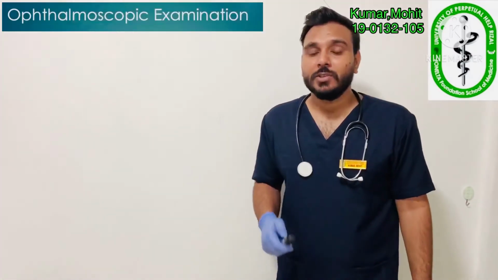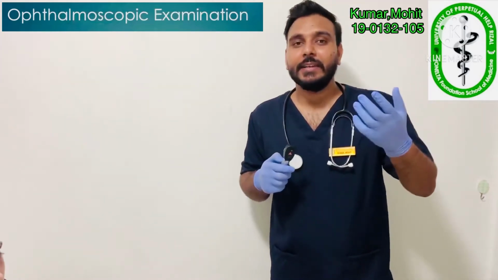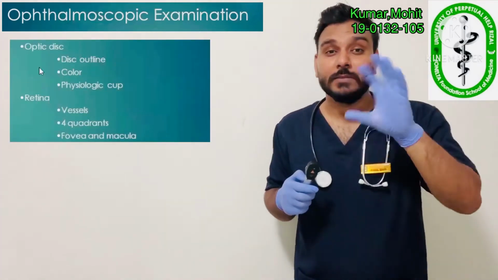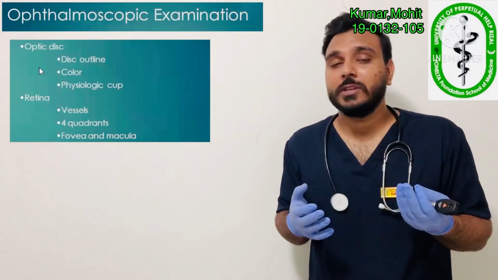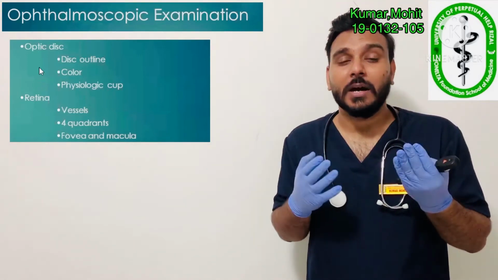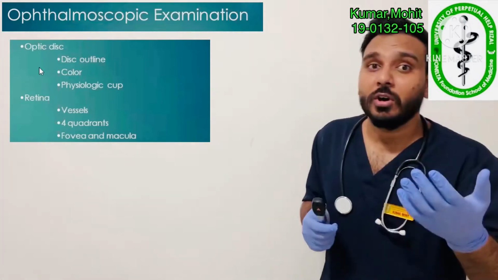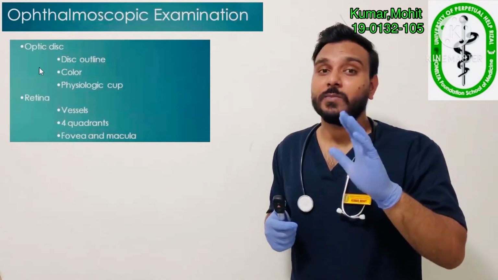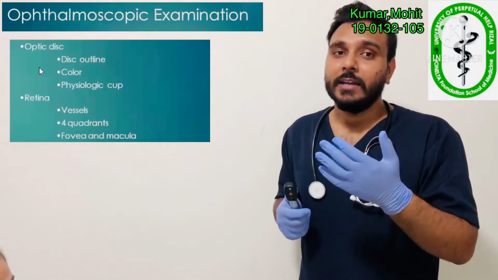Now the last test is the ophthalmoscopic examination. We have to observe the internal structure of our eye, like the retina and optic disc, the edges of the optic disc, and we also have to observe the physiologic cup and the different types of vessels there, like the blood vessels. We also have to observe the red reflex, the red or orange point from the retina of the eye.